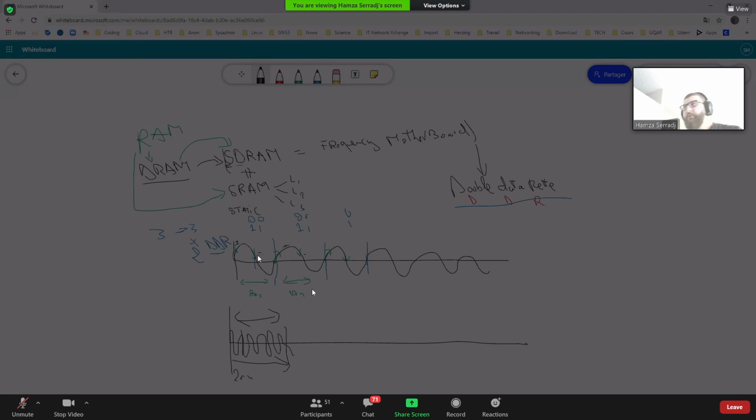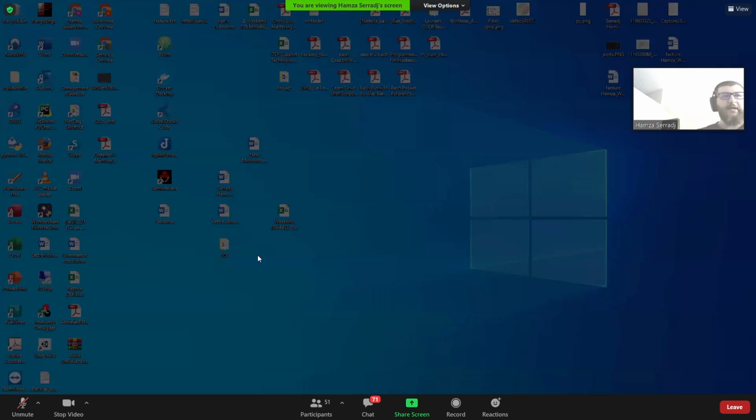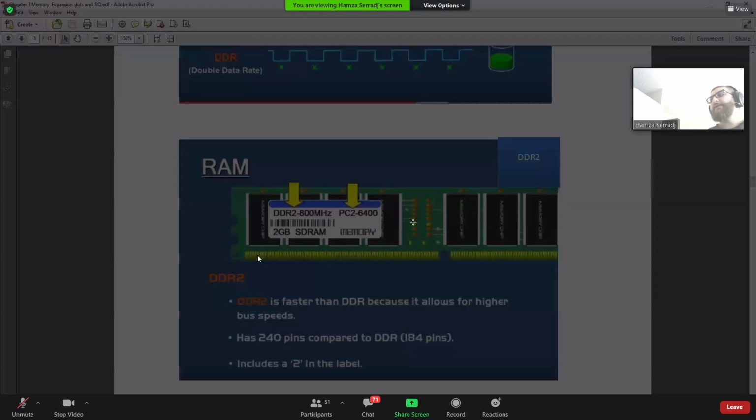Of course, what I'm doing here, I'm having more speed, and this is how the memory is working now. So always we are trying to improve that frequency and that speed. So DDR2 is faster than DDR because it allows for a higher bus speed.